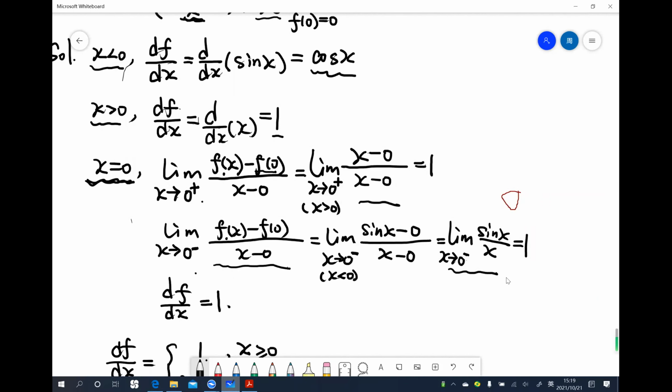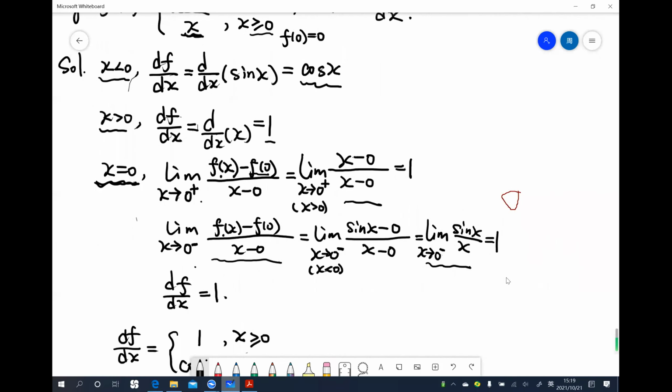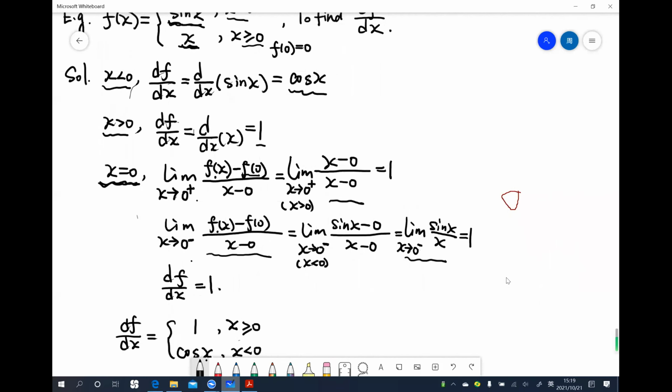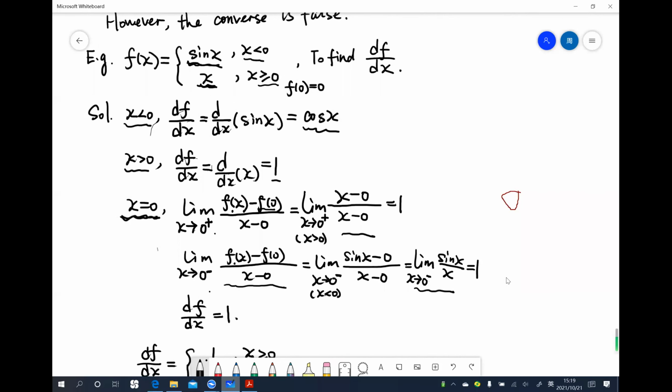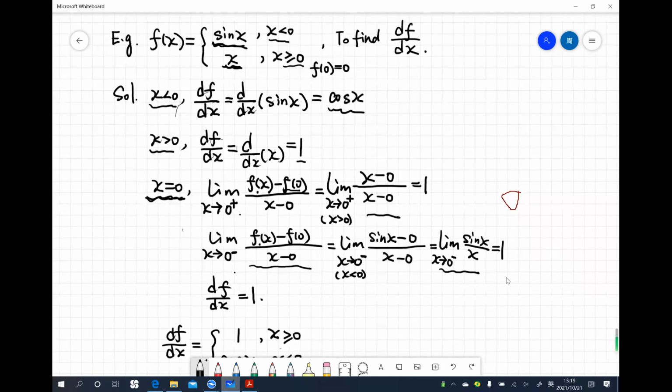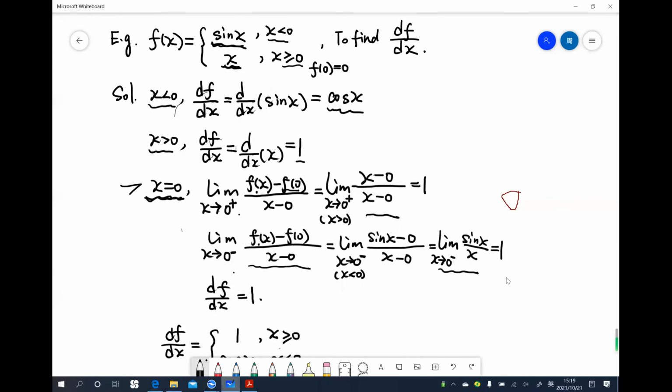Okay, I will make it smaller to make you see the whole question here. Okay, so any questions about this example? Especially this part. You have to take the point separately.